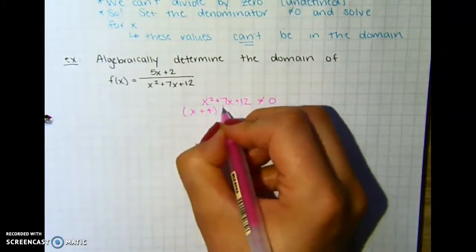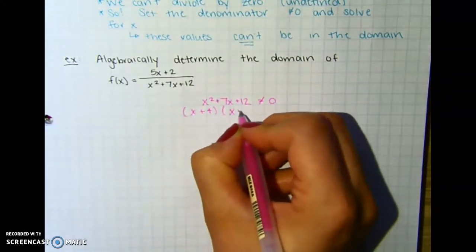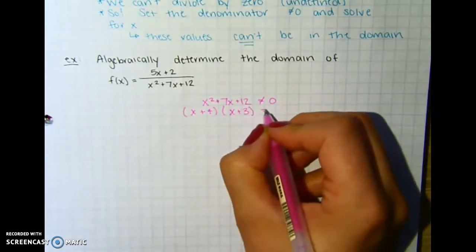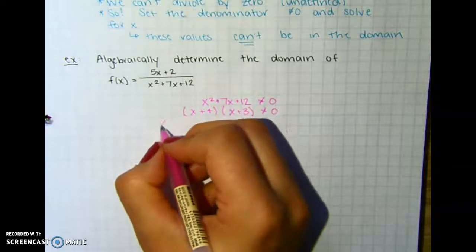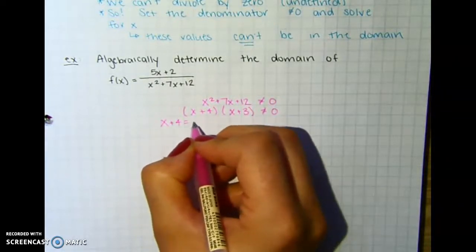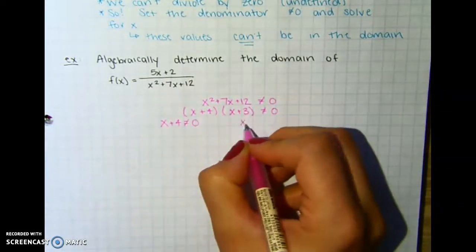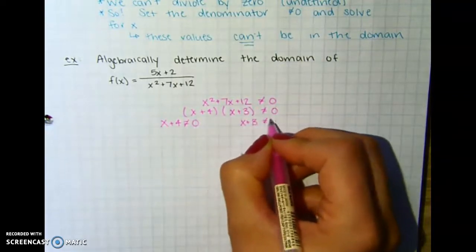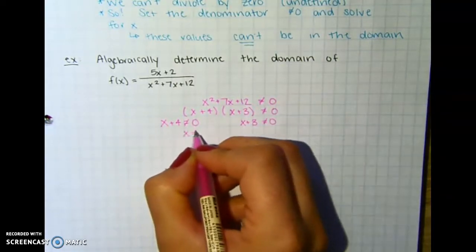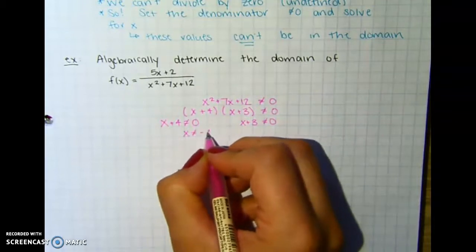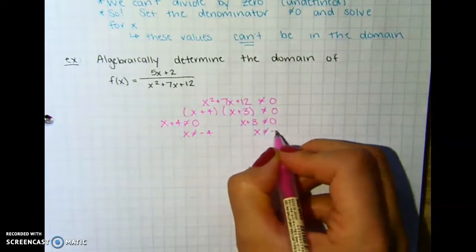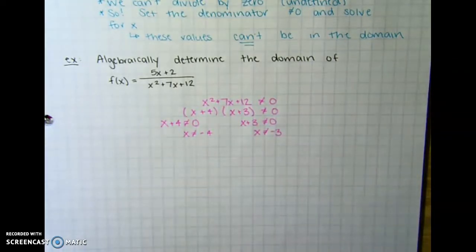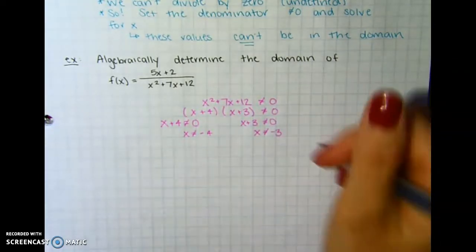Hopefully you're thinking 4 and 3, and if you're not, you might want to practice some of your factoring. Now we can use the zero product property. So x plus 4 can't equal 0, x plus 3 can't equal 0. So we know that x is not equal to negative 4, and x can't be negative 3. So this is what can't be in the domain.